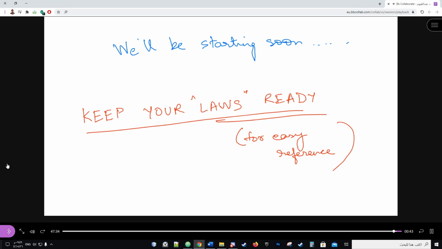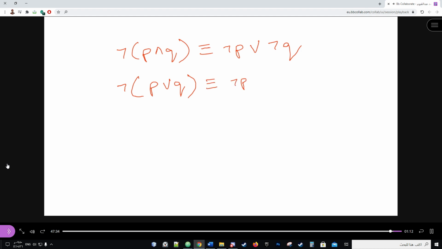Okay, in the last class we had looked at laws. We had looked at De Morgan's law and lots of other laws. So if you remember, I'll just refer to a few laws. I'm sure you have them at hand. One of the laws was De Morgan's law. So this was one of the De Morgan's laws. The other law was this.